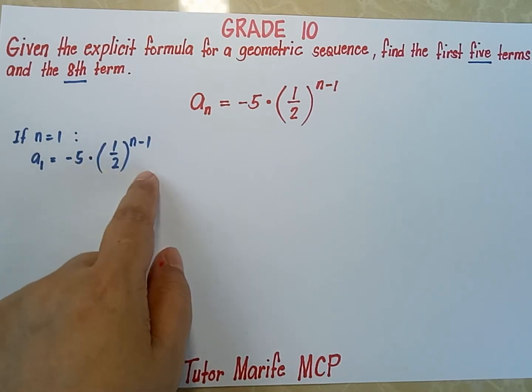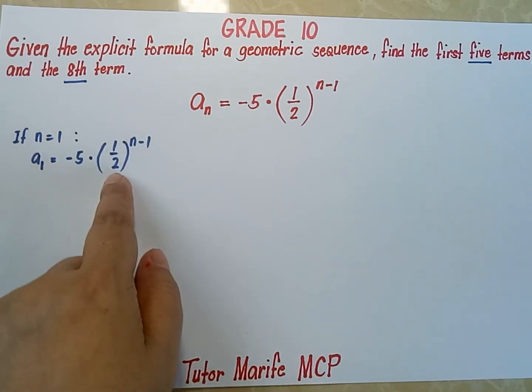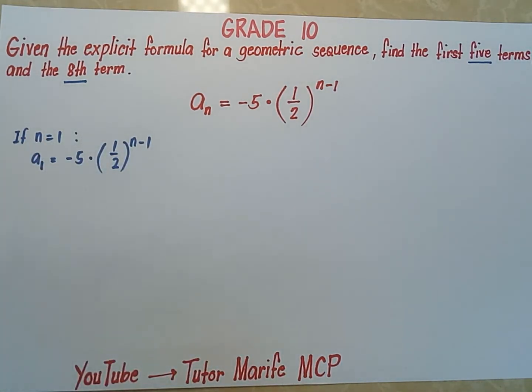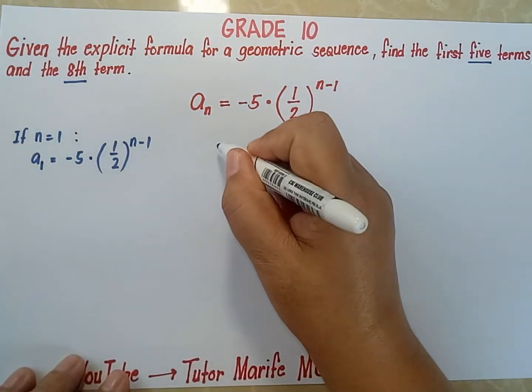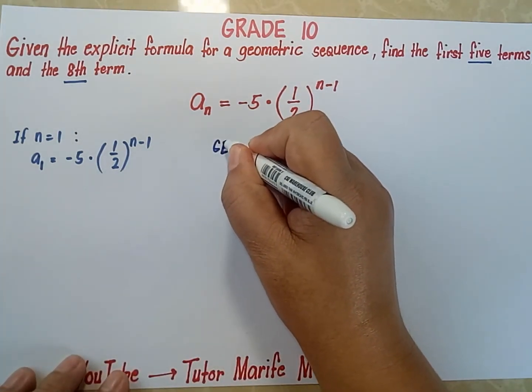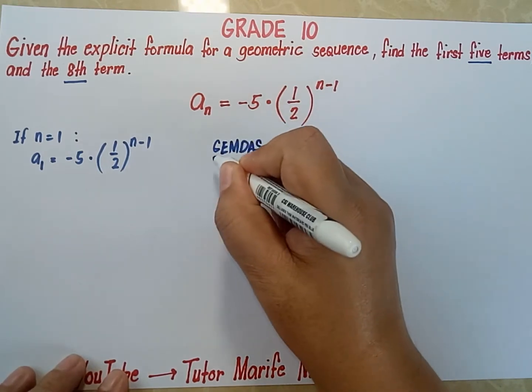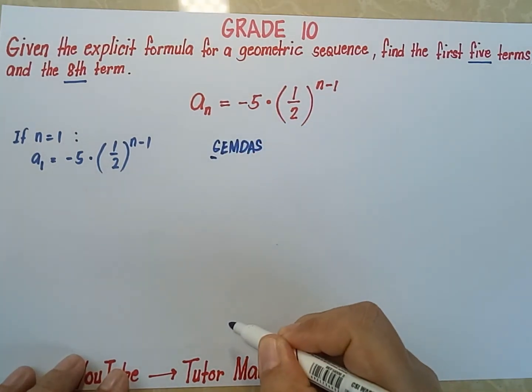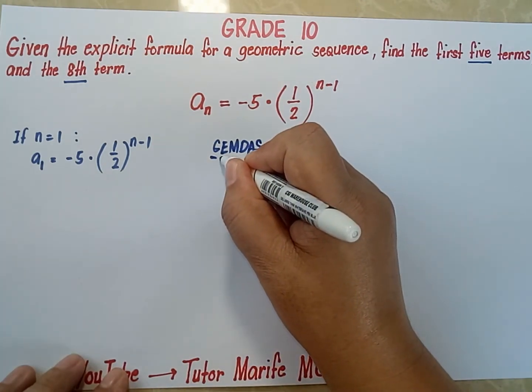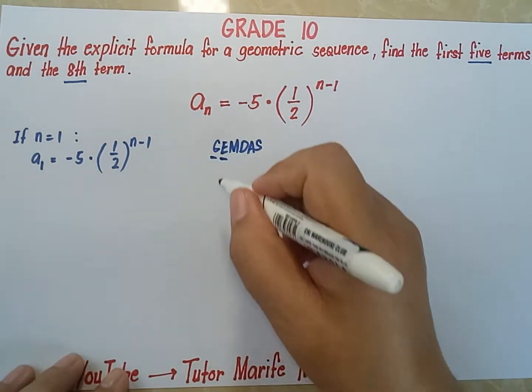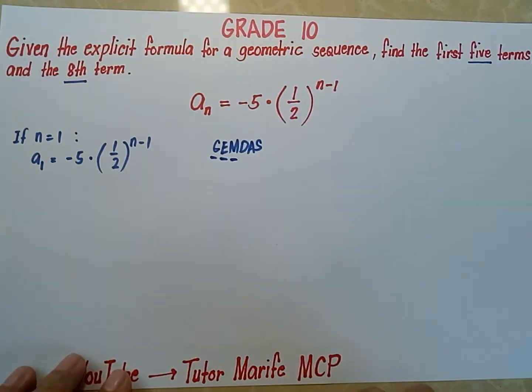So, ilang operations yung na-mix dito sa formula? We have G for grouping, E for exponentiation, and M for multiplication.